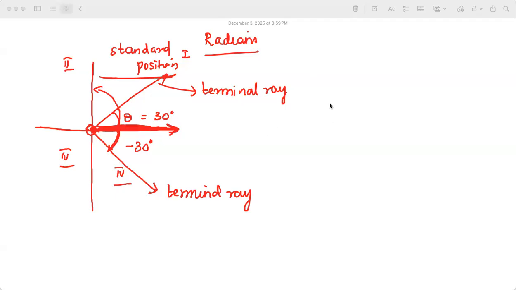Okay, now a student asks whether they are both terminal rays because they are the same angle. Yes, for any angle you have a terminal ray. Which is the terminal ray? The ray that terminates the angle, literally.